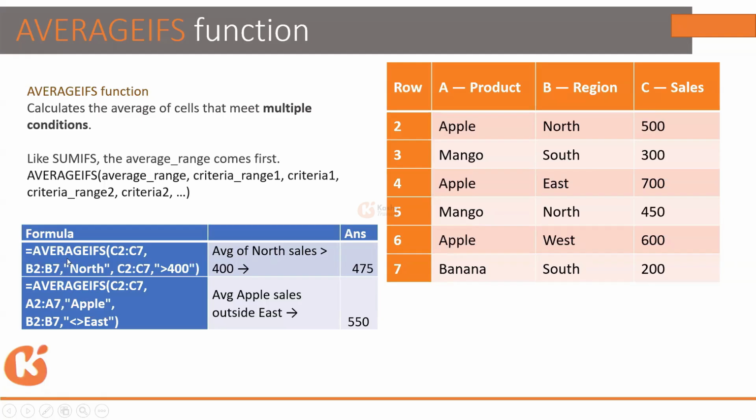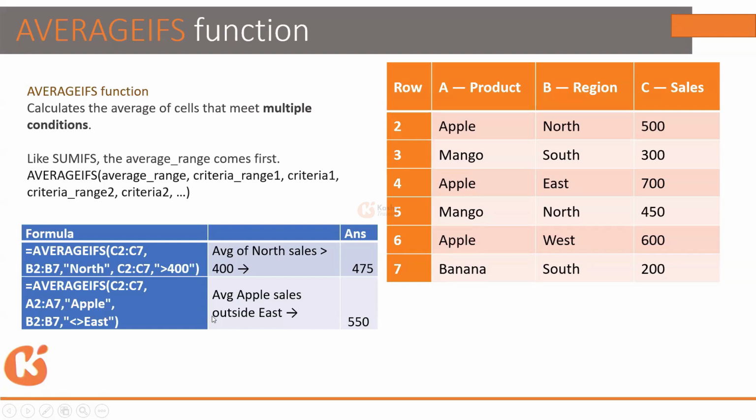We have given AVERAGEIFS with C2 to C7, which is what we want to calculate, then B2 to B7 with North, and then C2 to C7 greater than 400. Do remember it's a mean calculation. Wherever it is greater than 400, it takes all of those and divides by the number of values. The answer is 475.